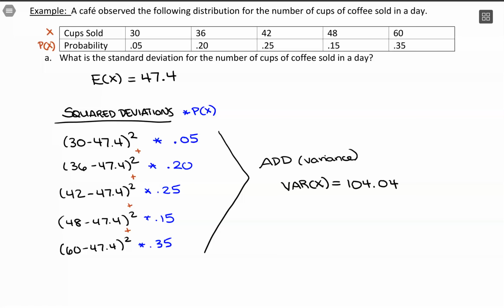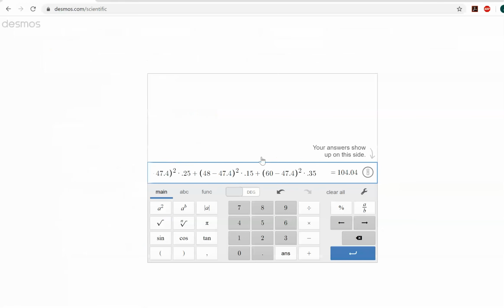And then our last step to get to standard deviation is to take a square root. So standard deviation, which I'll write as SD of X, is the square root of that 104.04, which is 10.2.